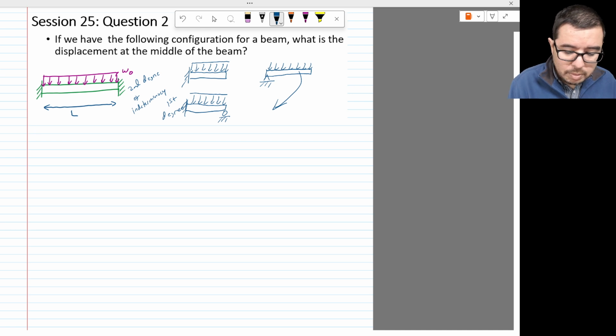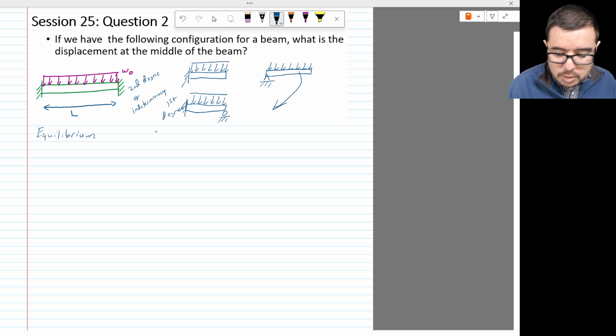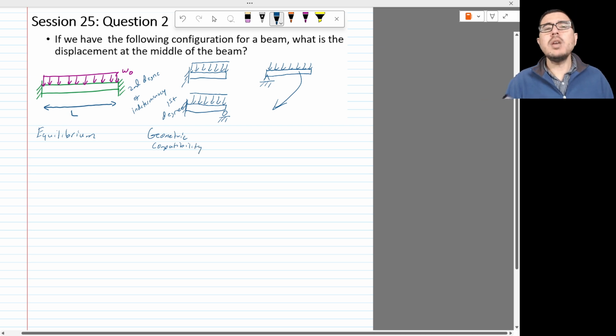So maybe we will try here to make our familiar friends the three pillars of approaching mechanics problems.